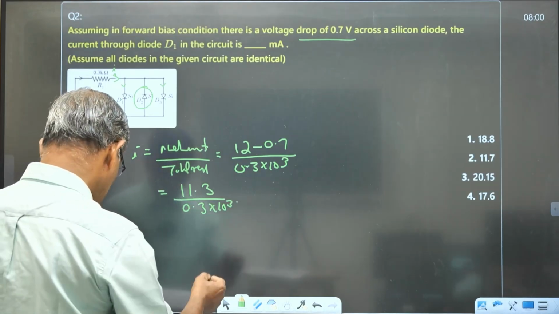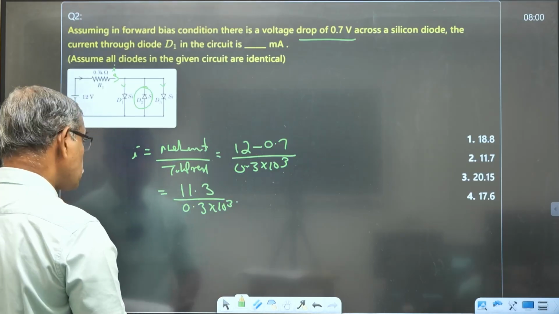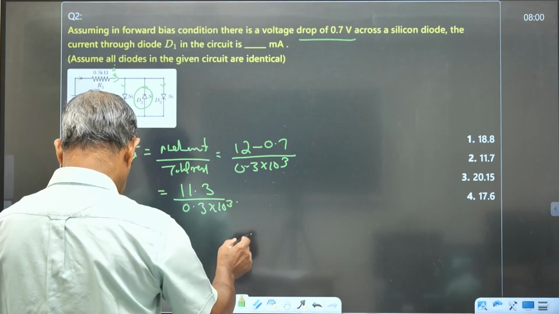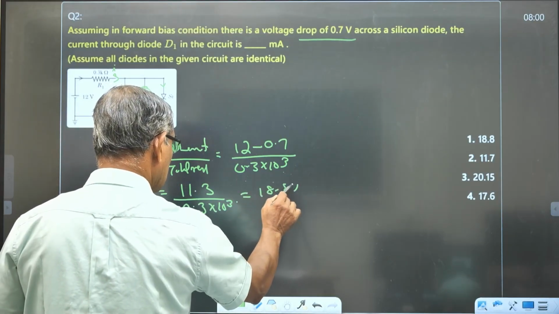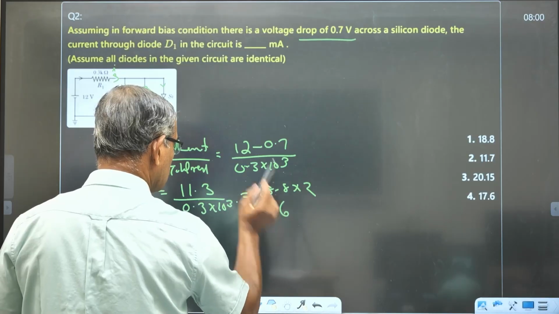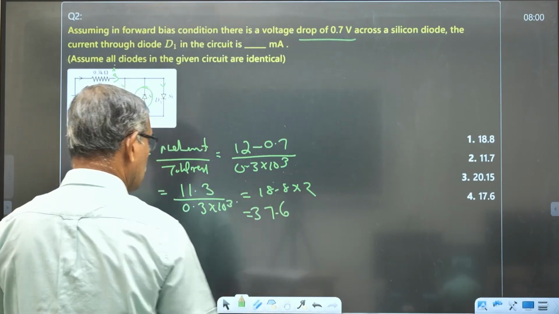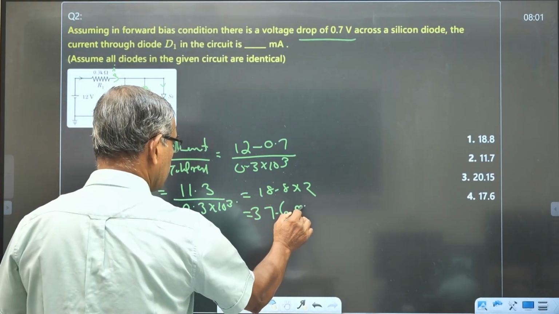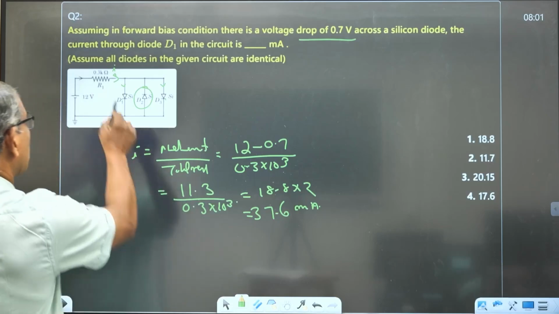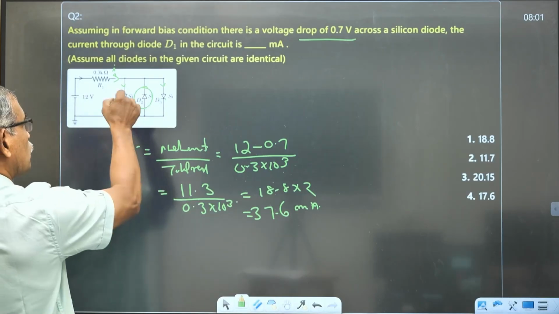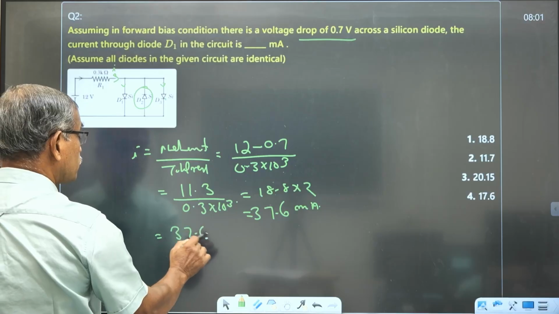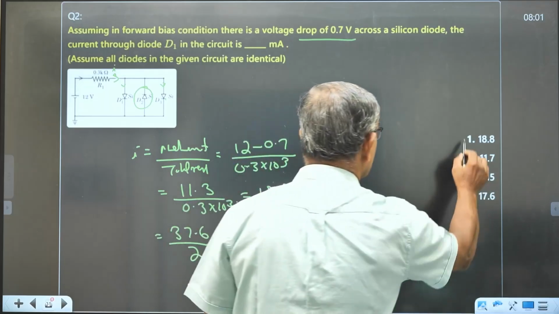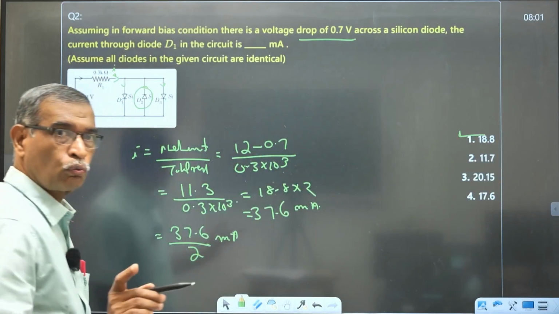On calculation, 18.8 into 2 is equal to 37.6 milliampere. Now you know this main current is distributed equally. The current through each branch is 37.6 by 2 milliampere. The calculation is 18.8, so the option is 1.